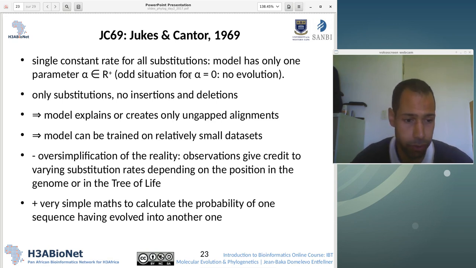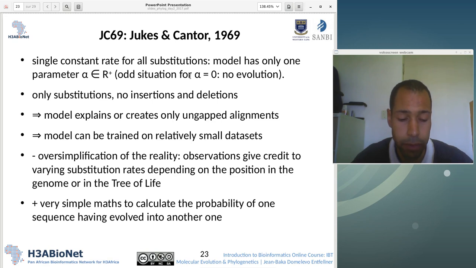This is obviously an oversimplification of the reality. Observations give credit to varying substitution rates depending on the position in the genome or in the tree of life. So it wouldn't be really sound to build one huge phylogeny just with JC69 on many taxa belonging to different kingdoms, for instance.